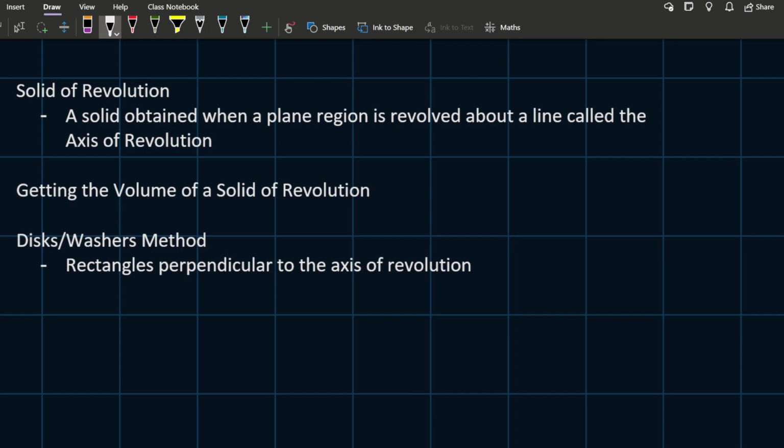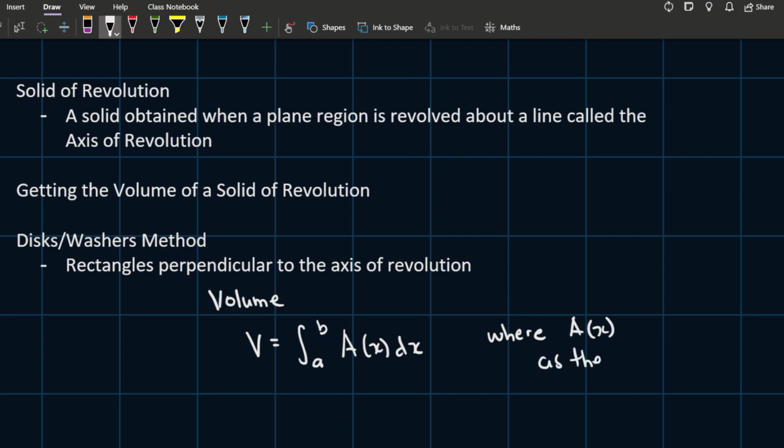Now, if we would recall, ang formula ng volume, this is equal to the definite integral from a to b ng A of x dx, where we have A of x as the area of the region. Okay?